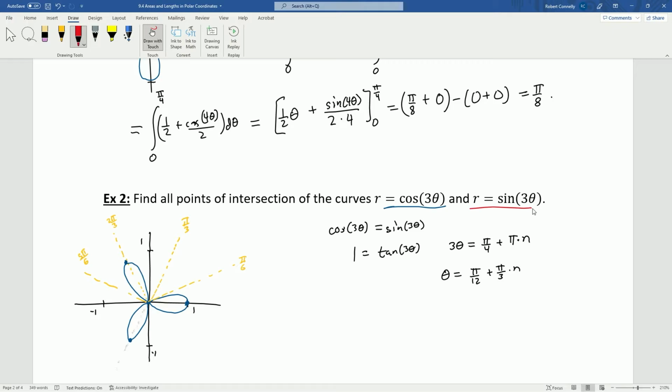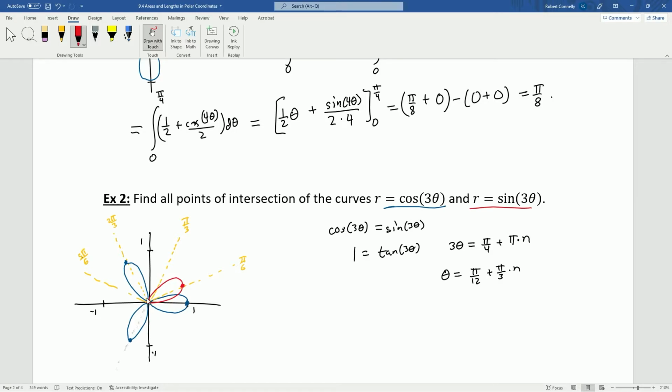So sine of 3 theta is 0 when theta equals 0. And at pi over 6, it's equal to 1. So what that tells you is that sine ends up going out like this and then coming back here.